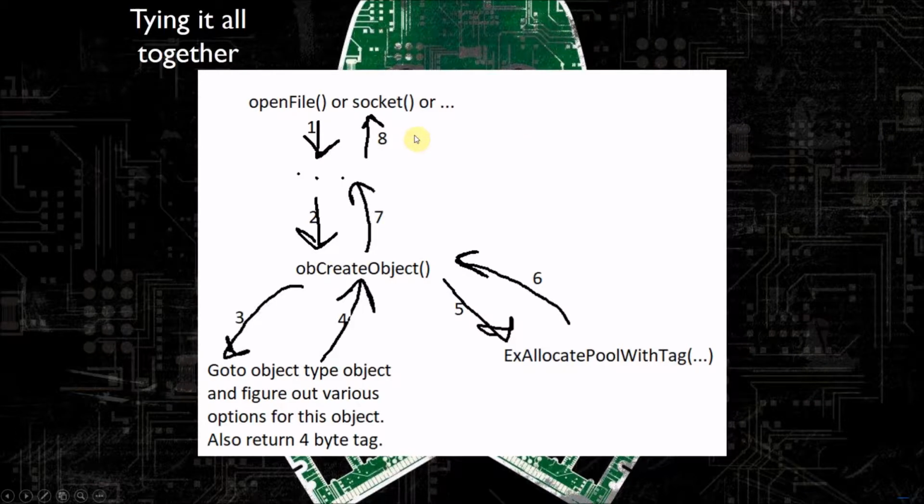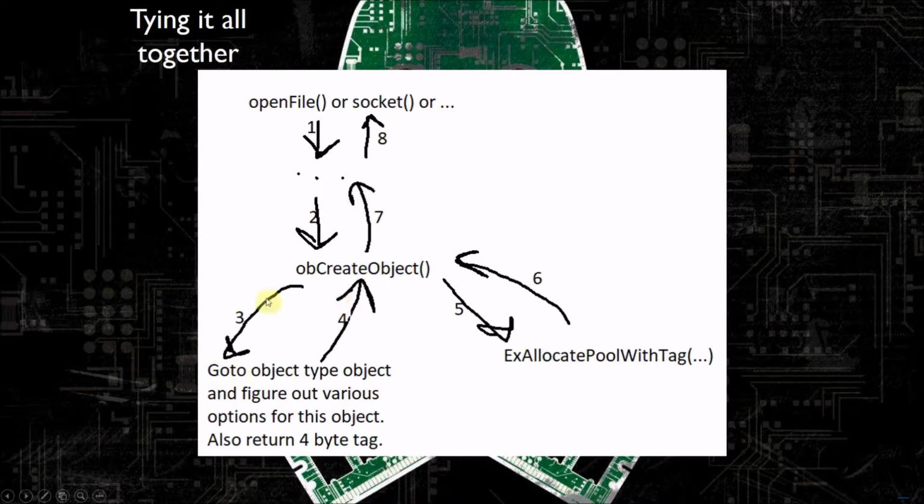And so now I'm going to try to tie it all together graphically. Consider that we have an open file or a socket call or something. We want to create some resource from the operating system. The first step is it's going to call a set of functions, and these functions will eventually always funnel into ObCreateObject. ObCreateObject will then go off through other function calls and get the data needed to fill the pool allocation, because ObCreateObject is only interested in creating the object.